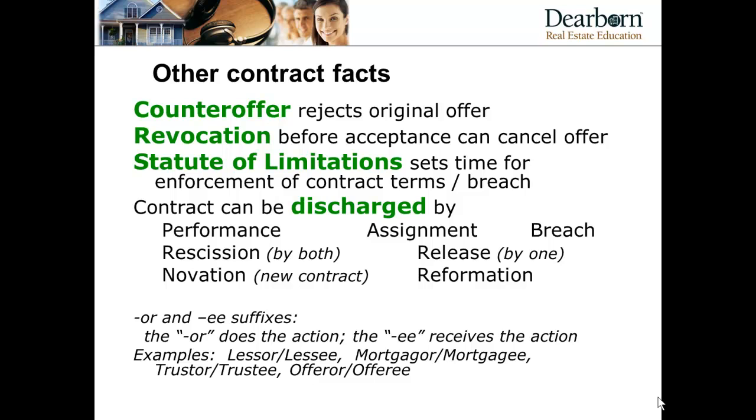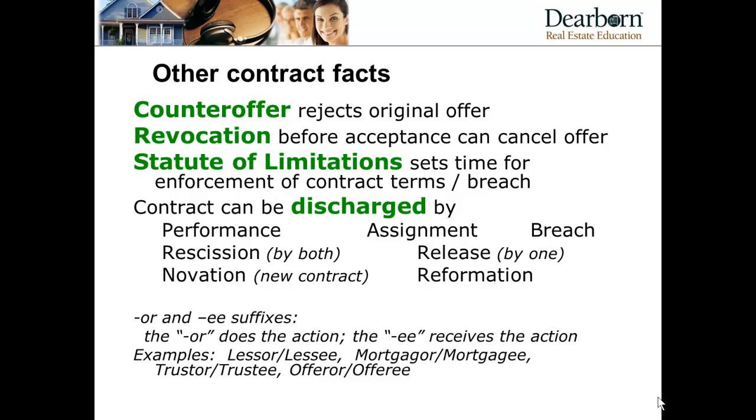Breach, as I mentioned earlier, is where one of the parties doesn't perform and then the terms of the contract kick in. Either the contract's canceled or there's some compensation or consideration that is due to the other party if you don't perform, if the buyer doesn't come through with the financing or complete the agreement.